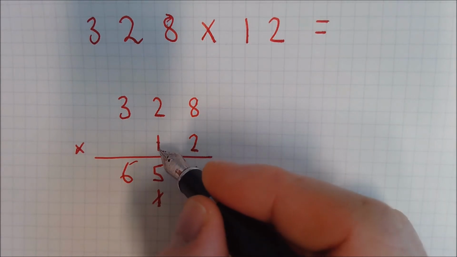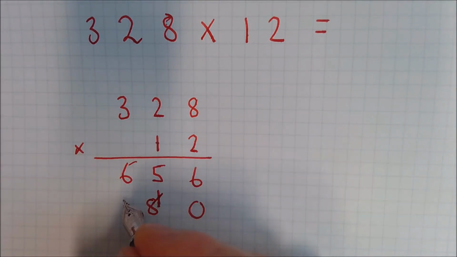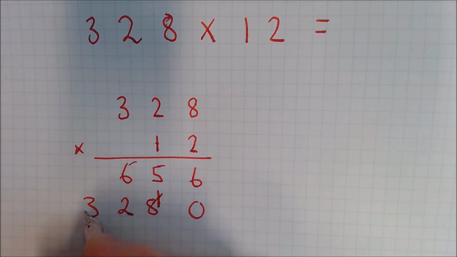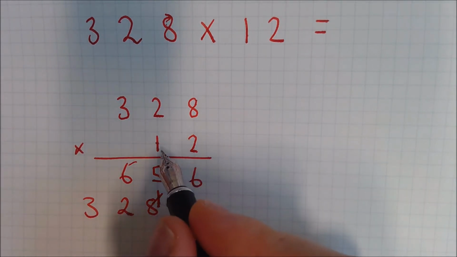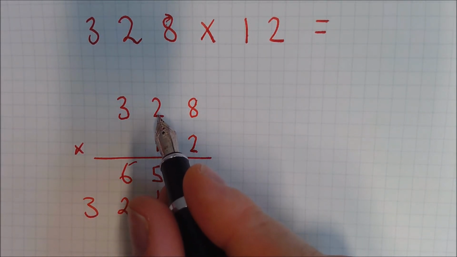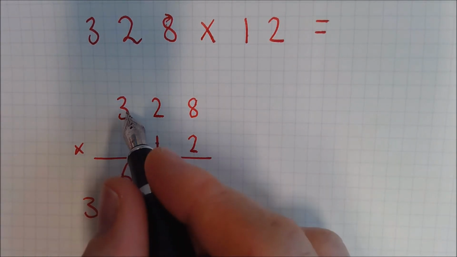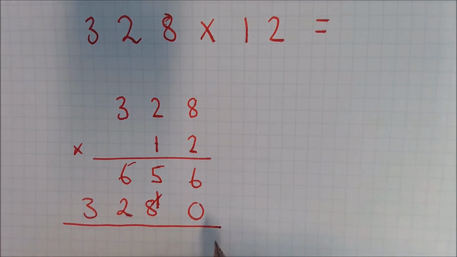So now we go 1 lot of 8 is 8, 1 lot of 2 is 2, 1 lot of 3 is 3, or 10 lots of 8 are 80, which is 8 in the tens column, 10 lots of 20 is 200, which is a 2 in the hundreds column, and 10 lots of 300 is 3,000, which is a 3 in the thousands column.